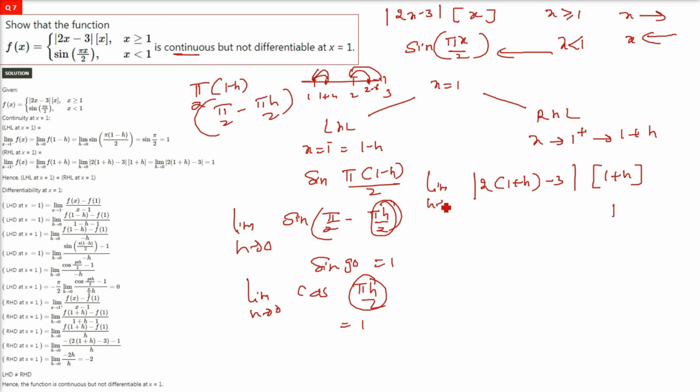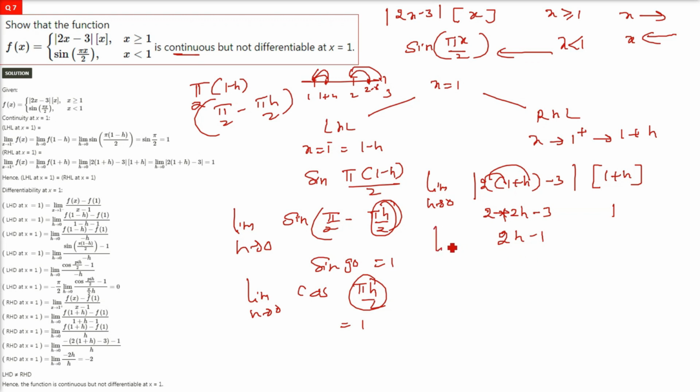How about this as h tends to 0 for the modulus? I hope you got the idea. Please remember, you are greater than 1 and you are using just 1 plus h, a very small value added to 1. So I'm just opening it: 2 into 2h minus 3.